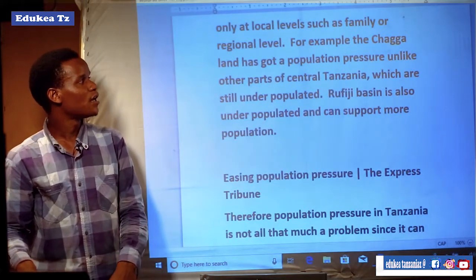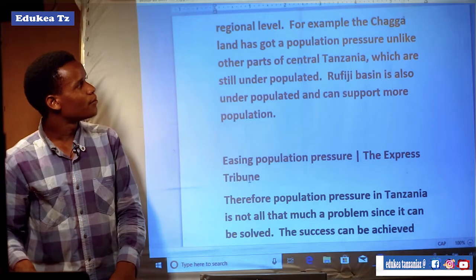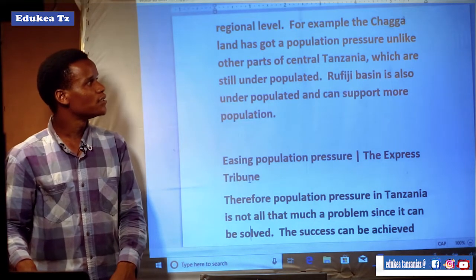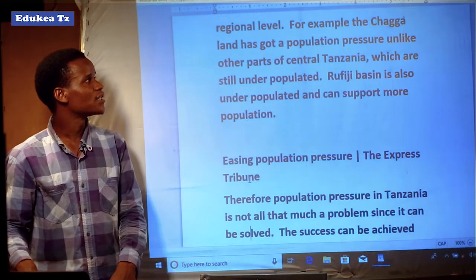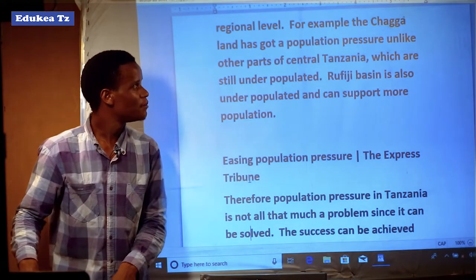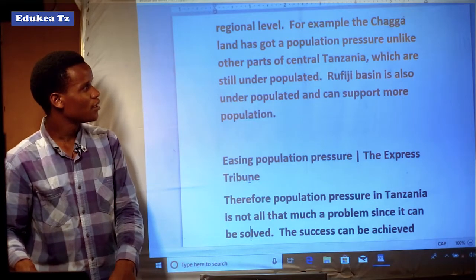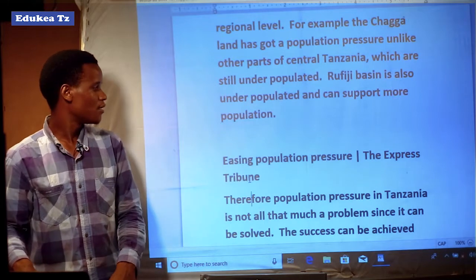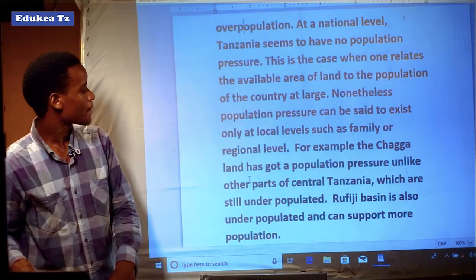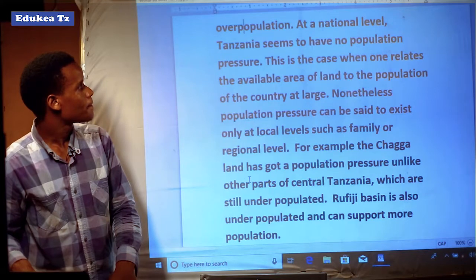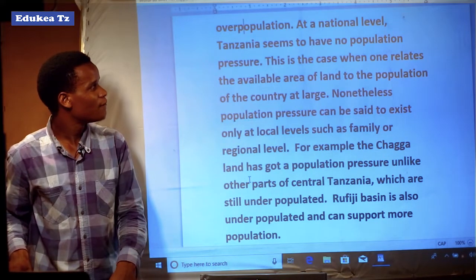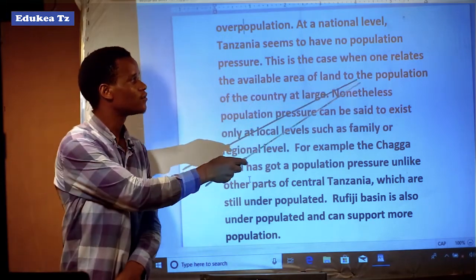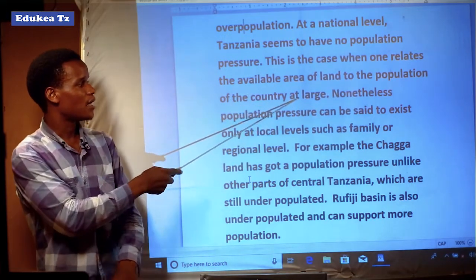So now we know population pressure can exist at different levels, that is regional level, tribe level or family level. Therefore, at the national level, Tanzania seems to have population pressure. This is the case when it relates the available area of land to the population at large.